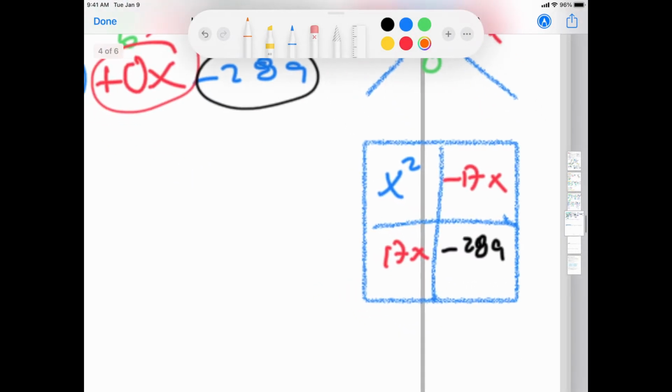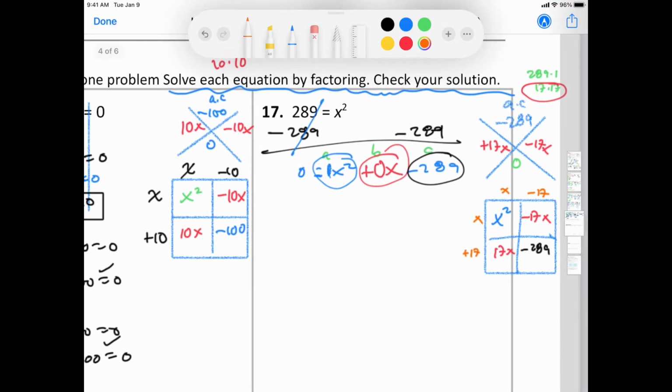Greatest common factor down here is x, positive 17, x, and negative 17. So that'll give us x plus 17 and x minus 17. Set those each equal to 0 and solve.